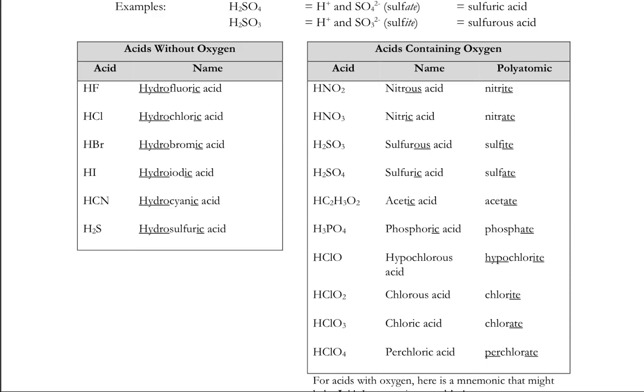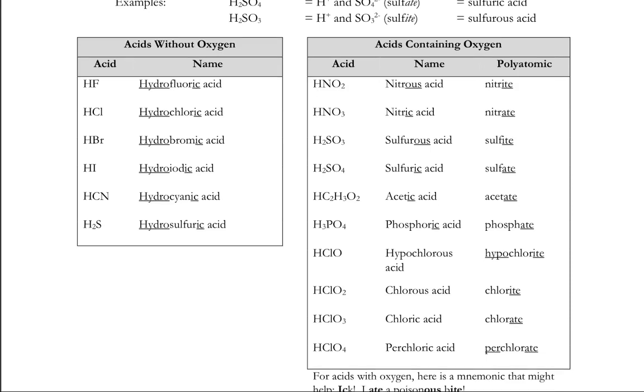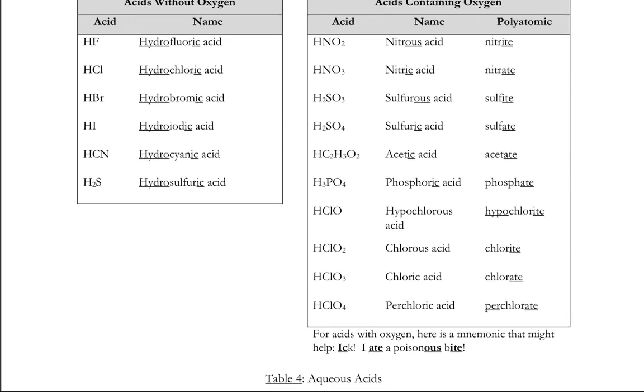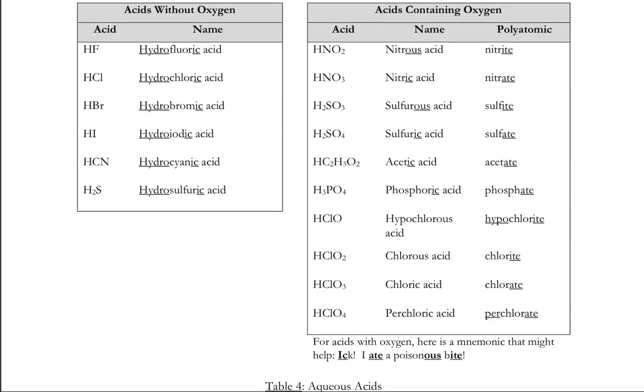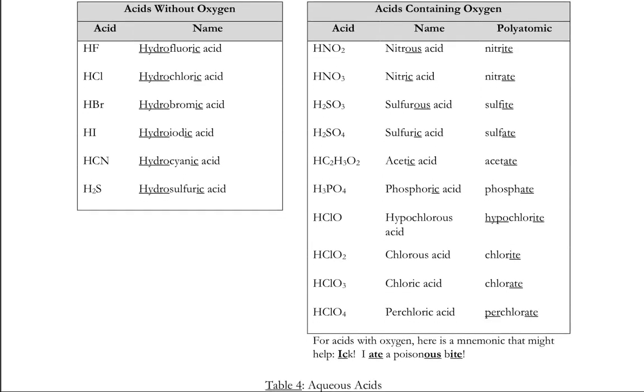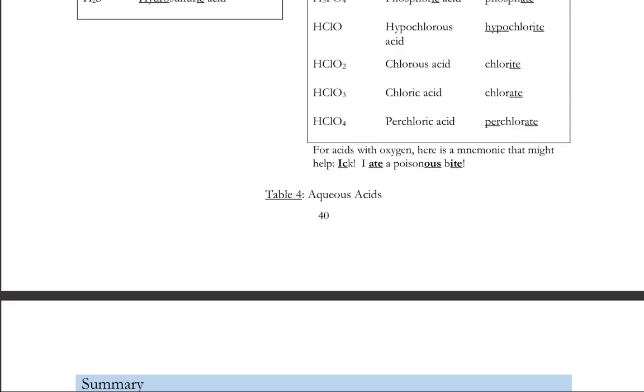Acetic acid has the H plus and then the C2H3O2 minus, which is acetate. So ate ending becomes ic acid, so that's why we have acetic acid. Alrighty, so in this table, it gives some of the common acids. So look there for naming and apply the rules that we've talked about.